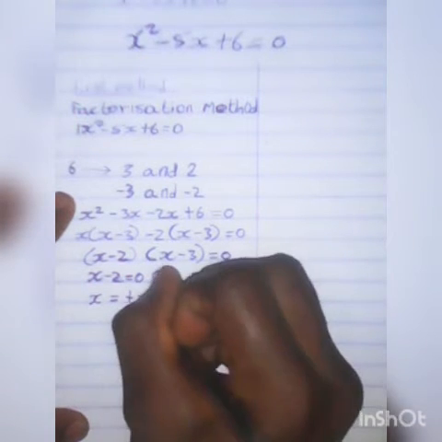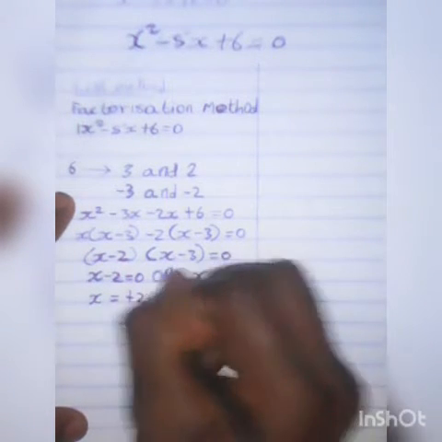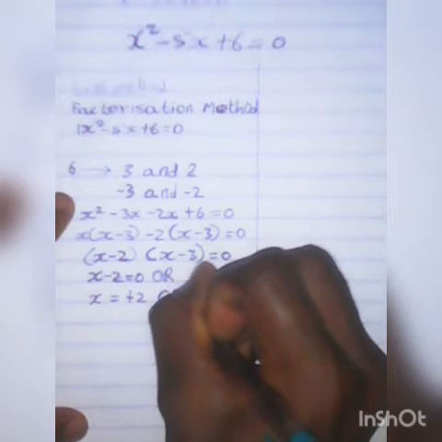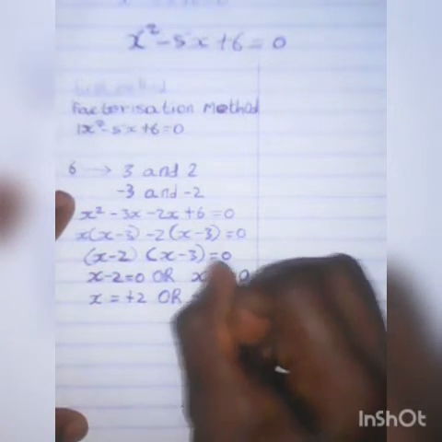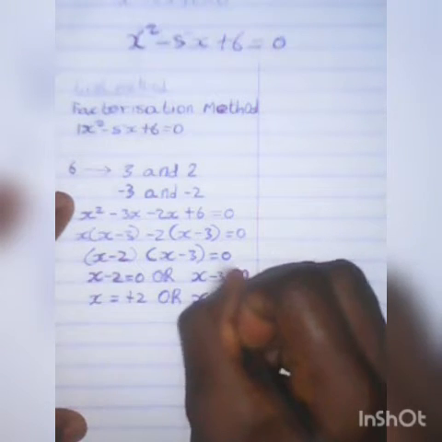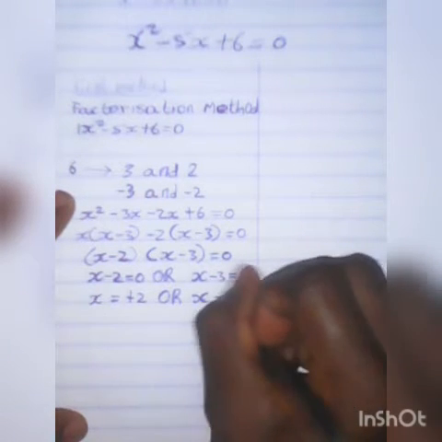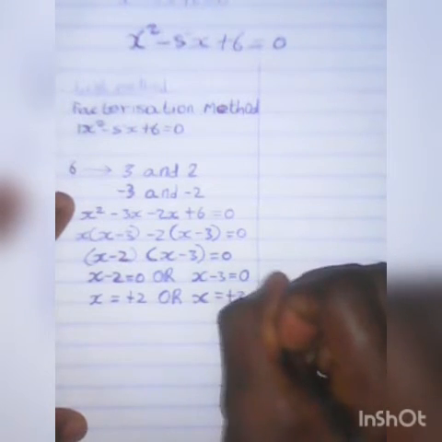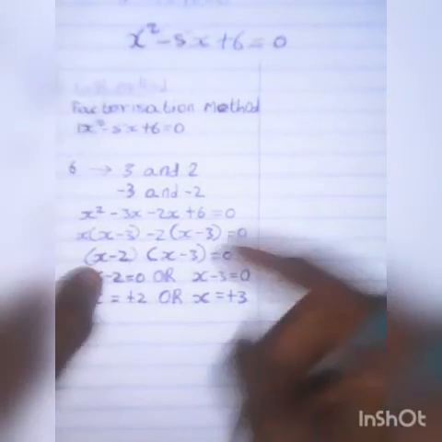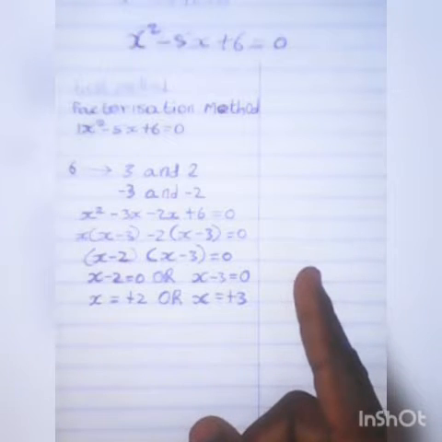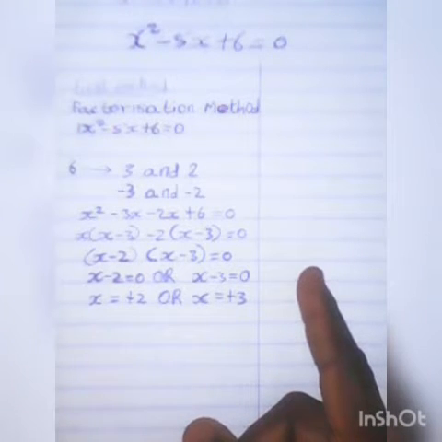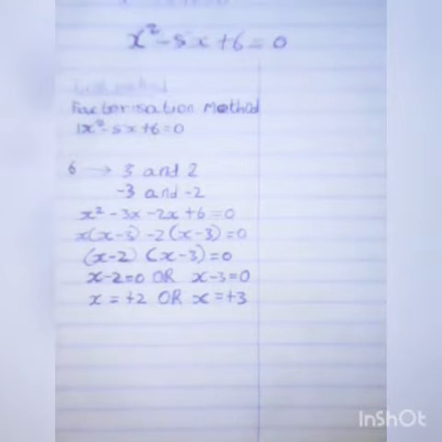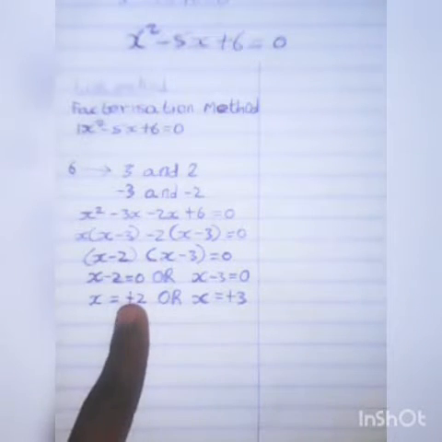So x here is plus 2, or x is equal to plus 3, when you have moved minus 3 to the other side. Now we've gotten the value of x to be plus 2, or what?